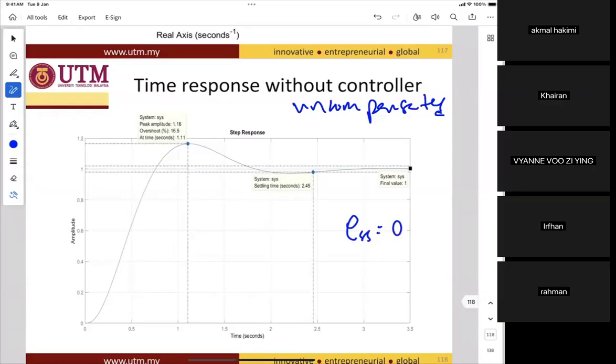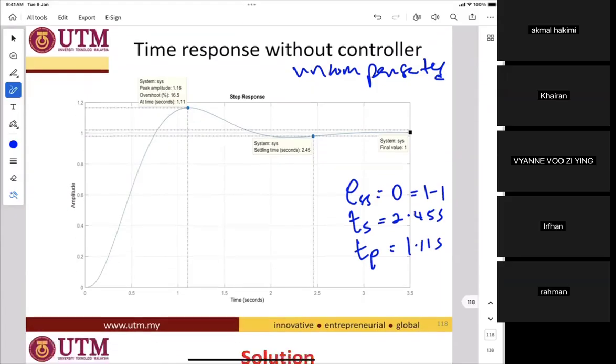Okay, 0, 1 minus 1. Settling time, Sharon? 2.45. Peak time? 1.11 second. So it seems that the system is type 1, so the steady state error is 0. So we need to tune such that we get a fast response.